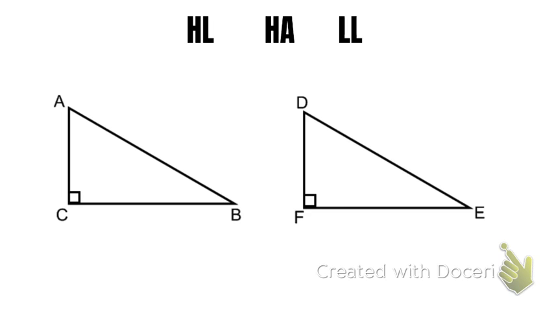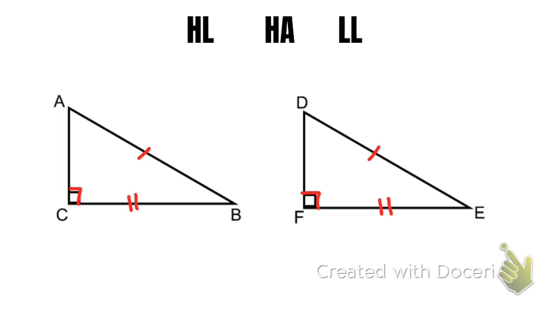So the first theorem, HL, stands for hypotenuse leg theorem. So if you're given two pictures that have right angles, then you know that if you can prove that the hypotenuse is congruent on both of those triangles, and then one of the legs, then you can conclude that these two triangles are congruent because of the hypotenuse leg theorem.